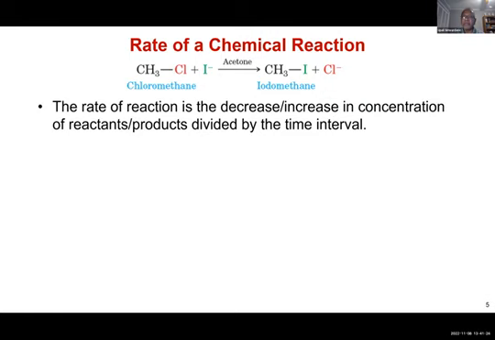Concentration of products increases. It depends on the product or reactant. However, the time interval is the same. So you can say that chloromethane concentration decreases as the reaction goes, and iodomethane, the product, increases in concentration.